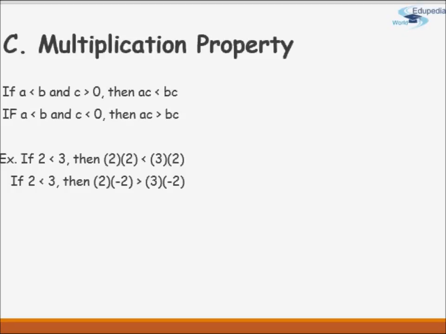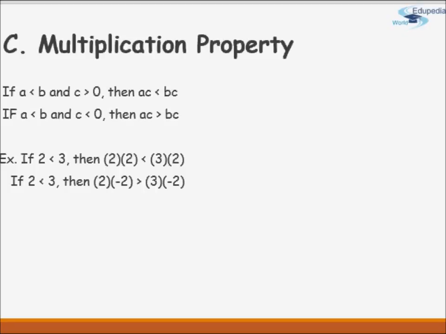So now we know that c is greater than 0 because it is 2. It is a positive real integer. So what's going to happen now is you multiply c on both the sides, you're going to get 4 is less than 6. So this inequality will hold and it's not going to change. The symbol is still going to be the left hand side less than the right hand side.